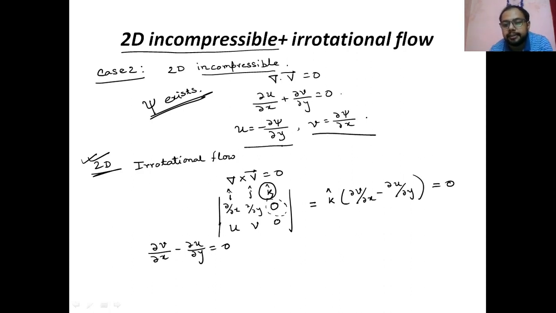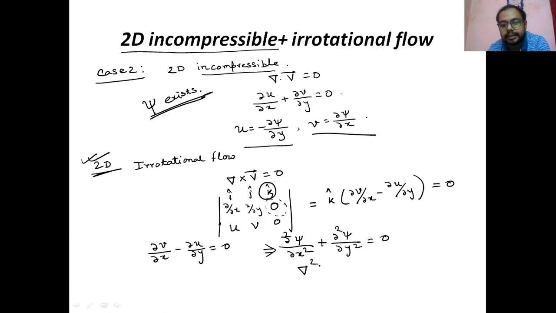Now here you put the equation v is equal to minus del psi del x and u is equal to del psi del y. So d dx of that will come del square psi dx square, minus again, minus minus becomes plus, del square psi dy square is equal to 0.